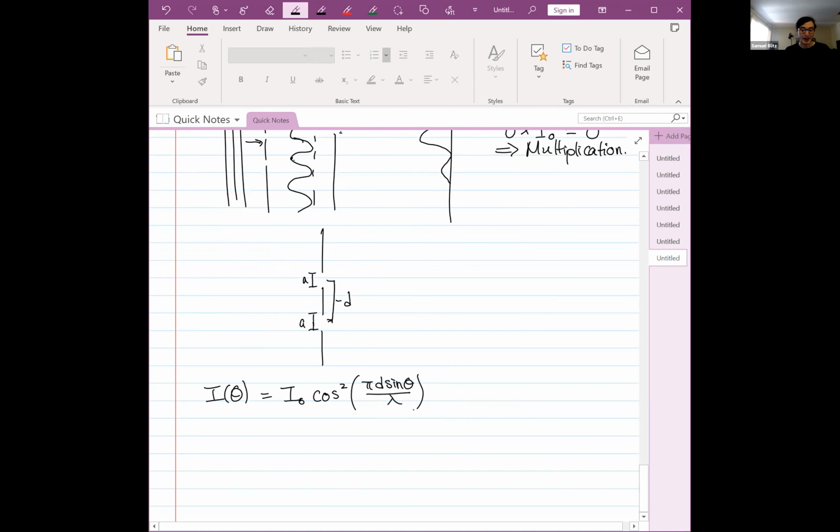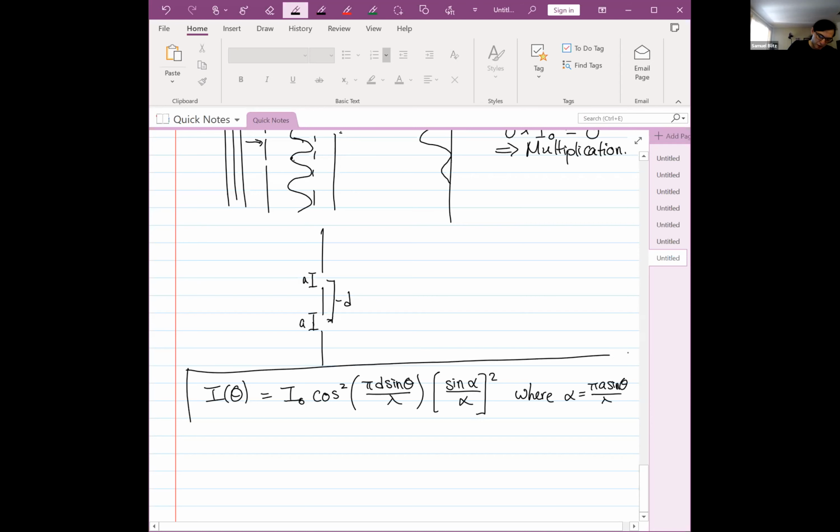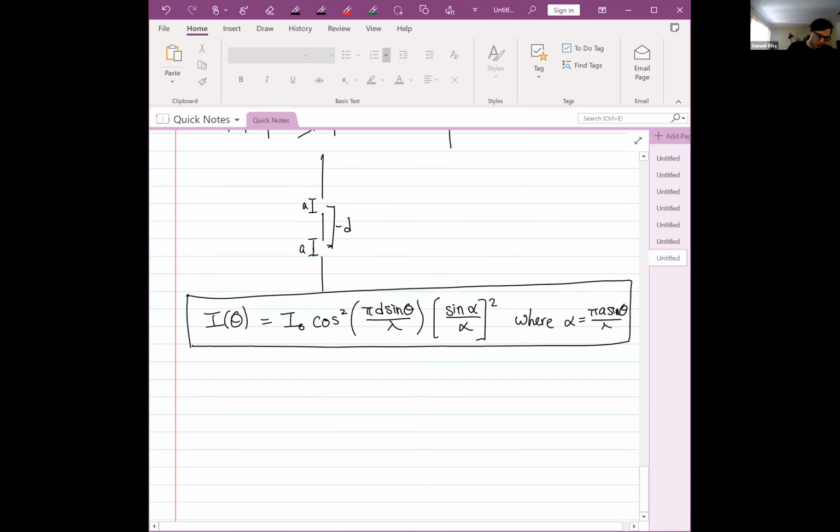And then we multiply that by the single slit pattern, sine of alpha divided by alpha, squared, where alpha is pi a sine theta over lambda. That is the finite width double slit intensity formula.